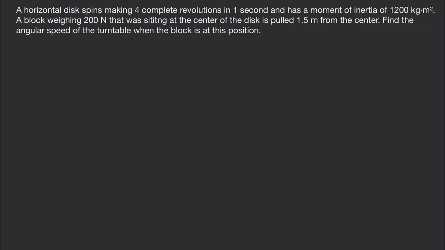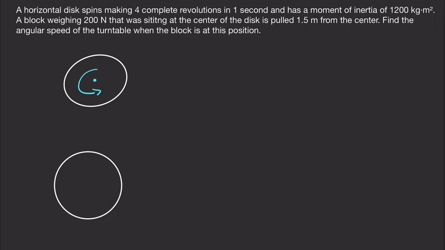Okay, so if I draw my turntable or my disc before and after, initially this turntable or disc is spinning with some initial angular velocity, and it has some moment of inertia. And then apparently there's a box at the center, but since it's at the center, it's r equals 0. It has no moment of inertia about an axis running through the center.